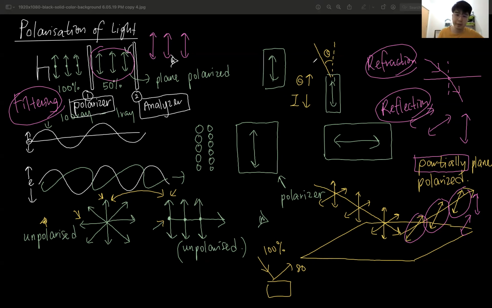What is a glare? Let me erase this. Okay, first, let me put it like this: cut glare. Now, what is a glare? You may have noticed that sometimes during the night, you see a cyclist with a headlamp, and suddenly a car passes by nearby, and the car headlamp is very bright.